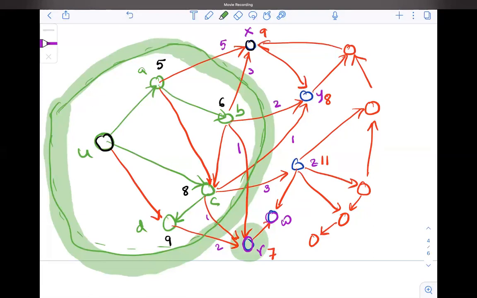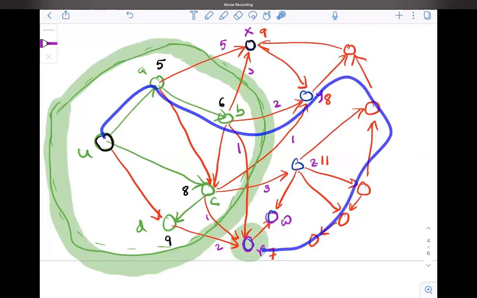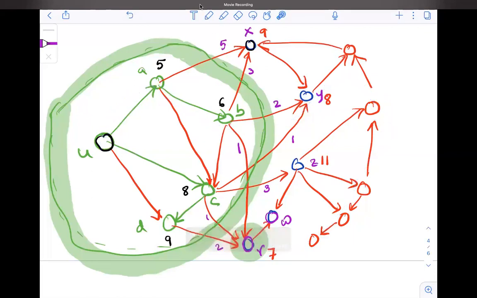Now, is it possible that there is another path from U to R that costs less than 7? Why not? Because the neighboring places have costs of 9, 8, 11, and 7.